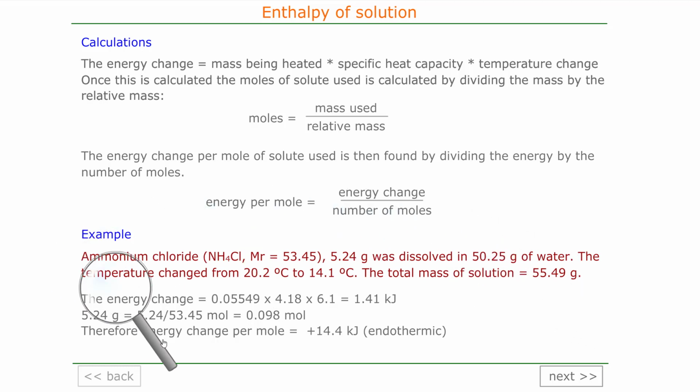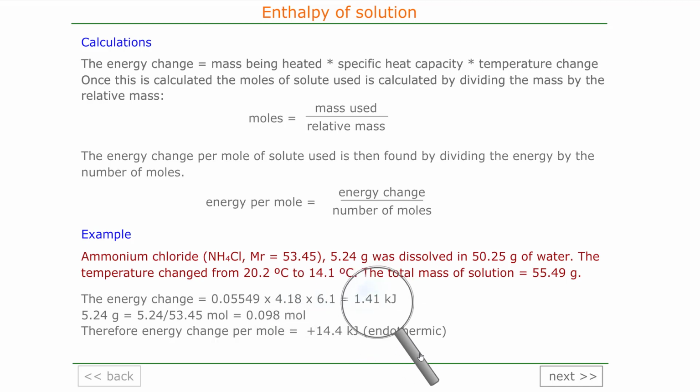So our energy change is calculated from the mass in kilograms, which is 0.05549, multiplied by the specific heat capacity, which is 4.18, multiplied by the temperature change, which is 6.1.